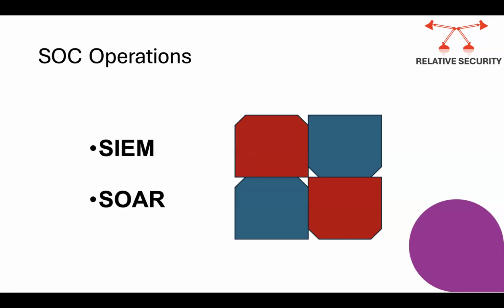When it comes to SOAR, which we will discuss in detail, but just a quick high-level overview, SOAR solutions automate and orchestrate the response to security incidents, integrating various security tools and processes. So basically, SIEM is going to detect the threat based on the logs that have been collected from various log sources.